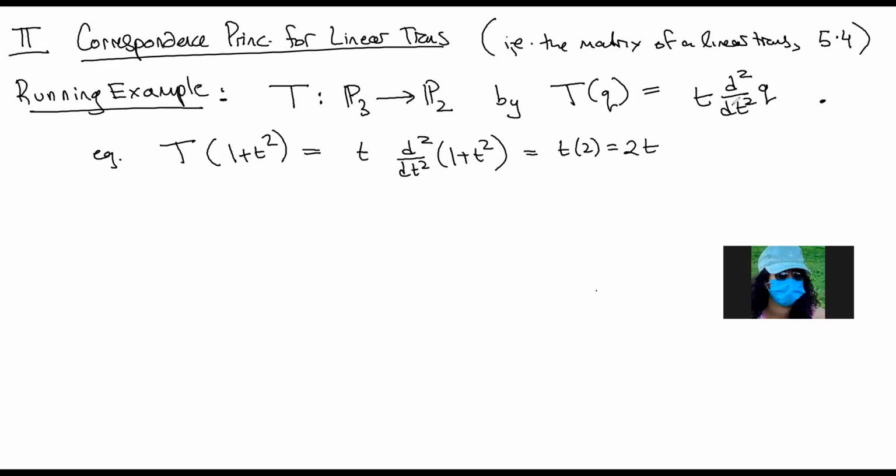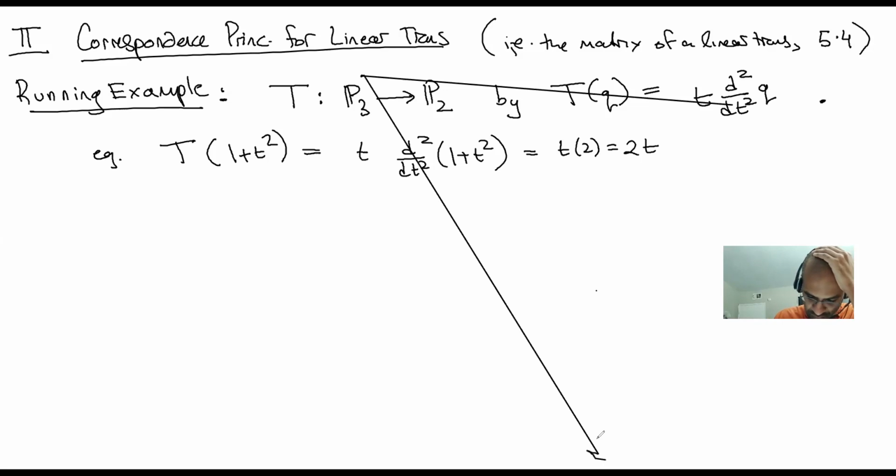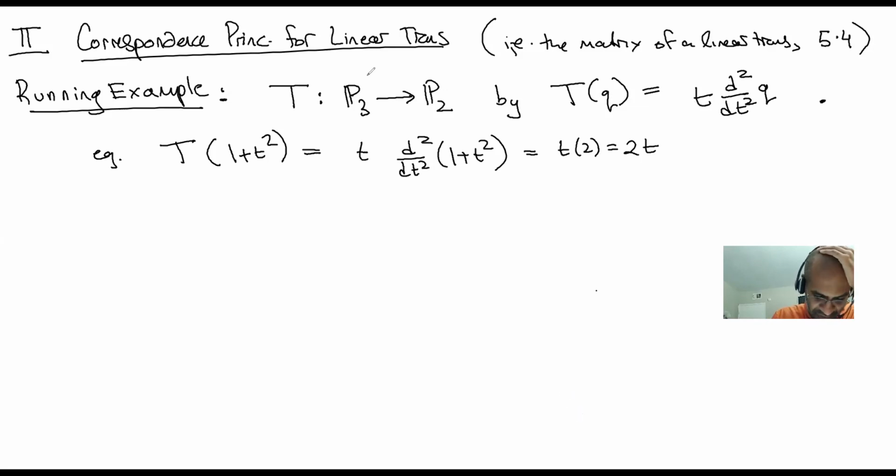Can you explain how 1 plus t squared is in P3 and then 2t is in P2? Sure. P3 is the set of polynomials of degree at most 3, right?